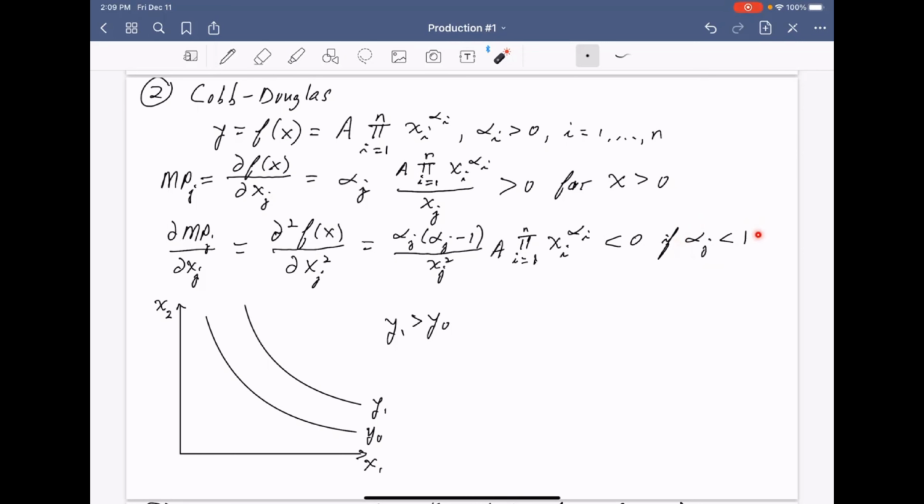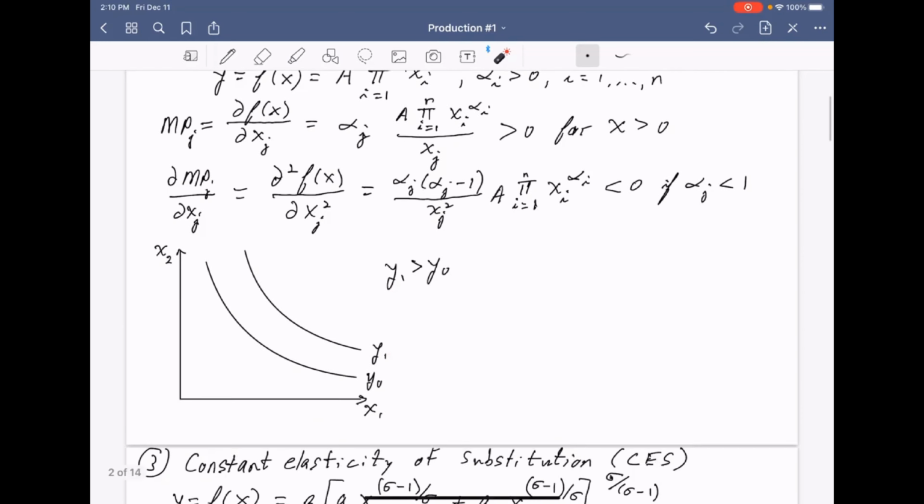Notice it has to be less than 1 and not greater than 1. If it's greater than 1, we get increasing marginal product over that particular input. We draw the isoquants here for the Cobb-Douglas production function as continuously smooth lines where output y1 exceeds output y0.